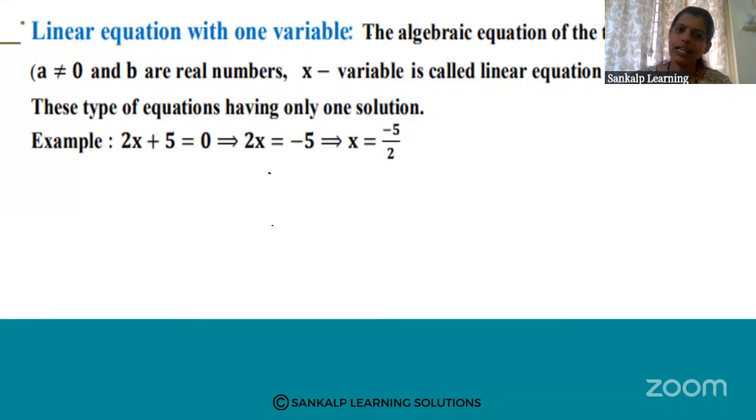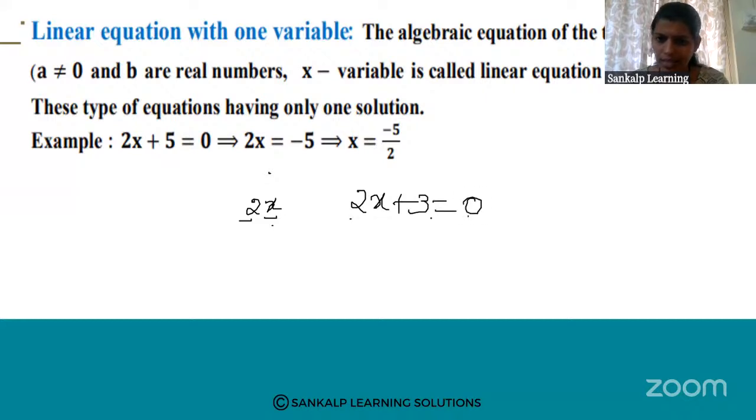Next, linear equation with one variable. What do you mean by variable? See, if I write 2x, this is the constant term, this is the variable, right? If I write 2x plus 3 is equal to 0, the variable is x here. So in this equation, I am using only one variable.